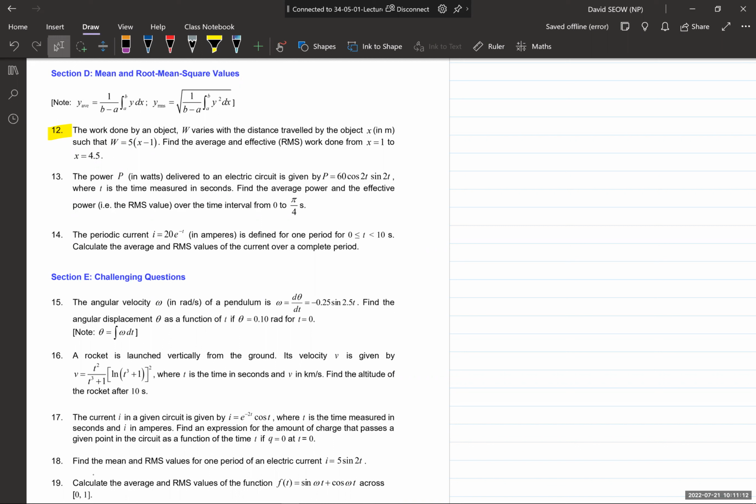So we're supposed to find the average work done from x equals 1 to x equals 4.5, right? So it's the work done when they move from a distance of 1 meter to 4.5 meters. And if you look at the graph, it's like a slope. The further it goes, the higher the work being done, right?